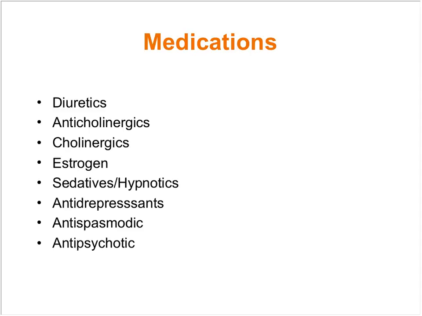Antidepressants can impact if a person's not emptying and is having emptying problems, because sometimes antidepressants are clinically used to treat stress incontinence, because they can tighten the bladder neck. And antipsychotics and antispasmodics. So we do look at the medications that may be impacting and contributing to urinary incontinence.